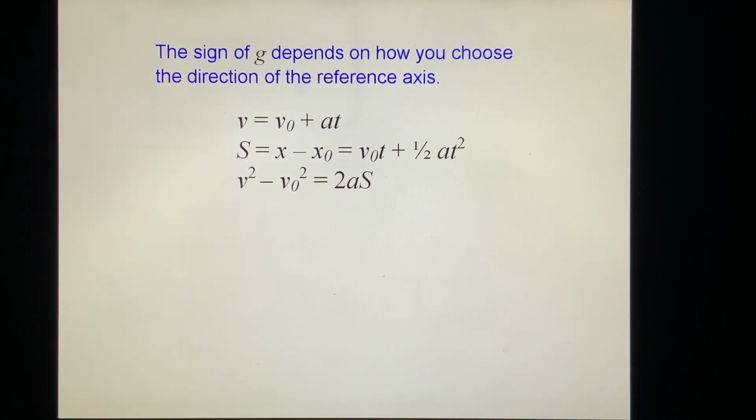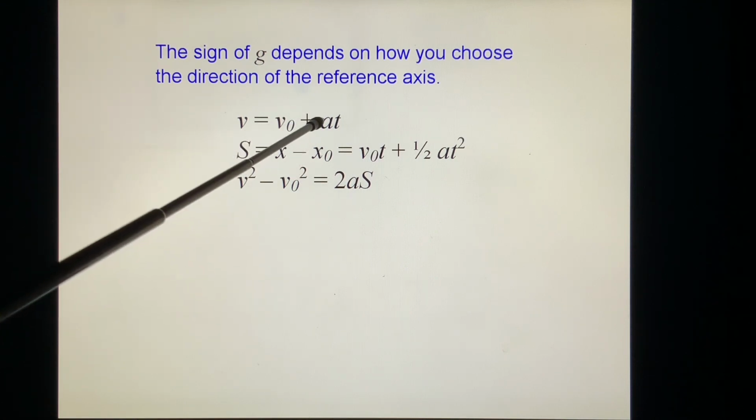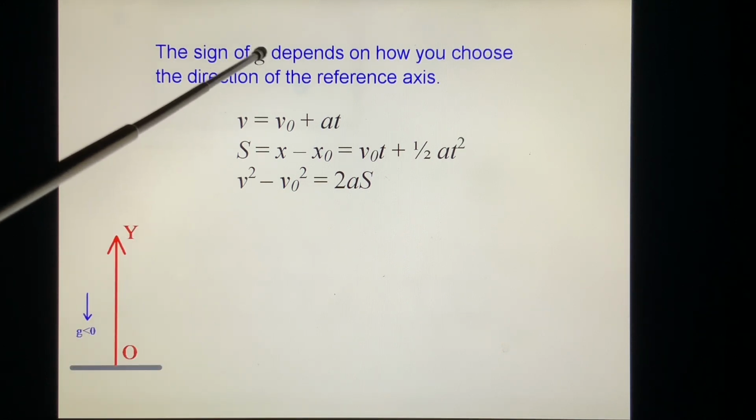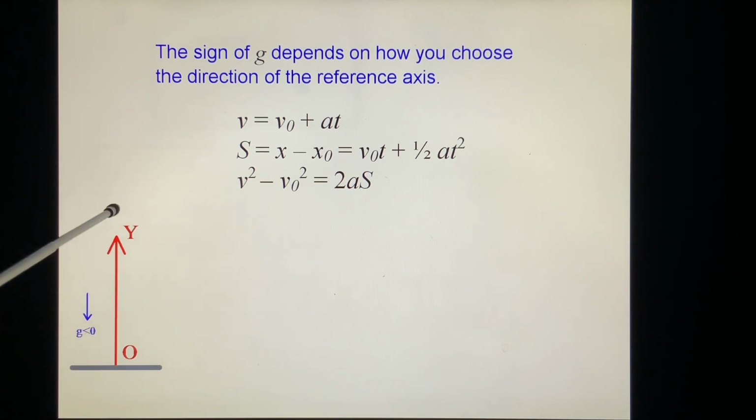It is a constant acceleration, so we can use the set of formulas for constant acceleration. Replace a with g. That g direction is always downward toward the center of Earth. If we take the reference frame y direction upward, then in this case g is a negative number.